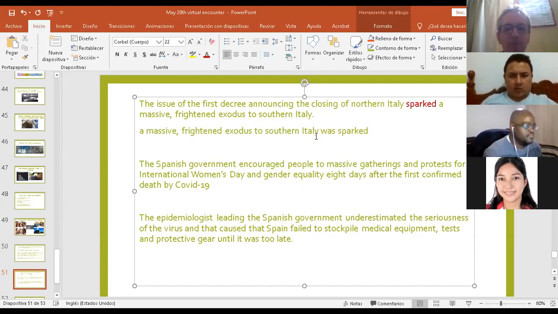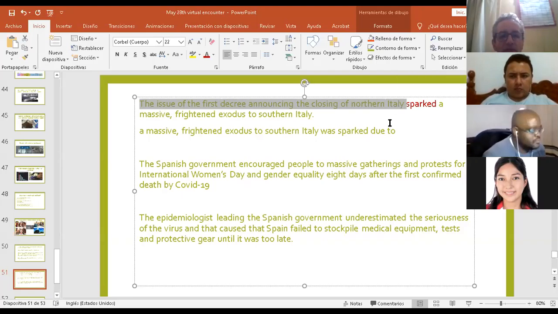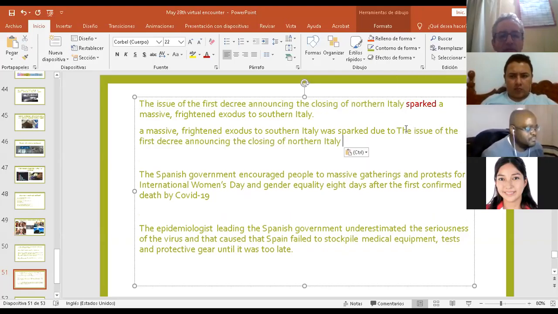And we can say due to, debido a. O sea, el éxodo al sur fue iniciado debido a la publicación del primer decreto que anunciaba que cerraban el norte de Italia.